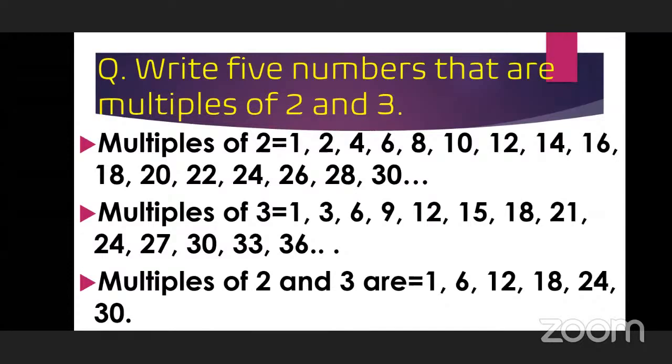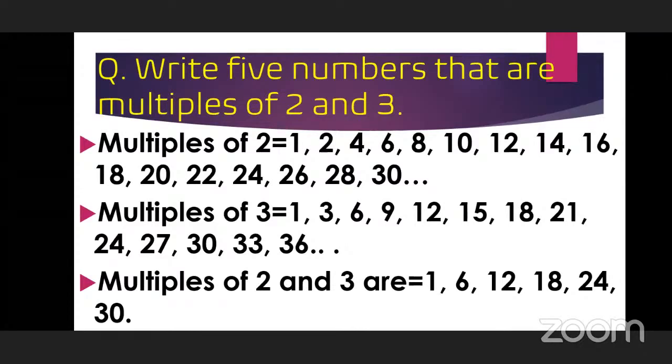But what is given in the question? Write 5 numbers that are multiples of 2 and 3. Multiples of 2 and 3 means multiples that come in both the table of 2 and the table of 3. Let us see the multiples of 2 and the multiples of 3.